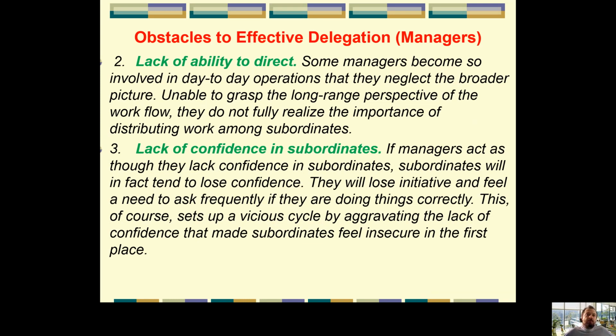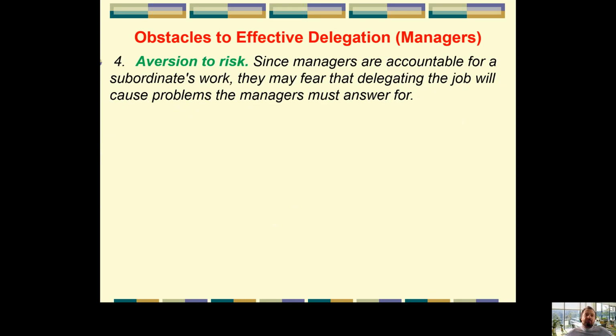Lack of confidence in subordinates, the third one. It is connected with the first. It means that I do not believe that my subordinate can do it. And the fourth is connected to the previous one, aversion to risk.